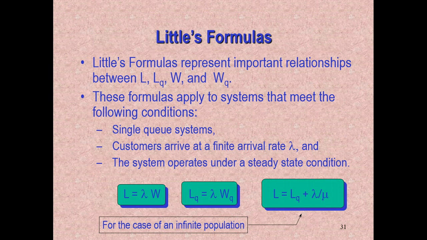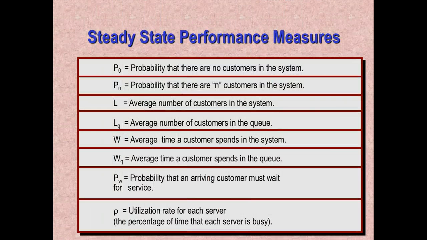We're going to skip over some of this. This is something called Little's formula. Once I classify the queue and identify the arrival pattern and the service pattern, there are formulas that we can use to calculate all of those summary measures, the measures that are of interest to us up here.